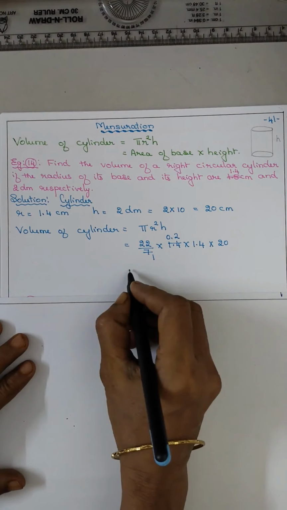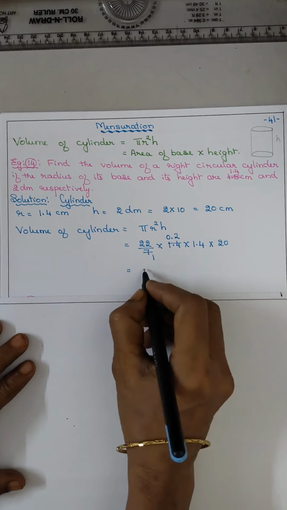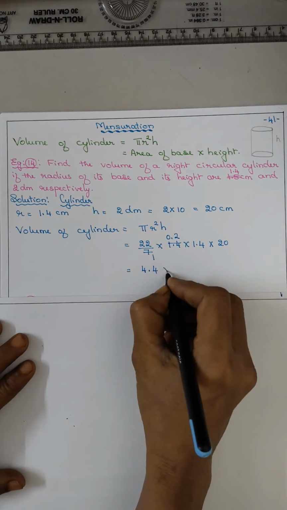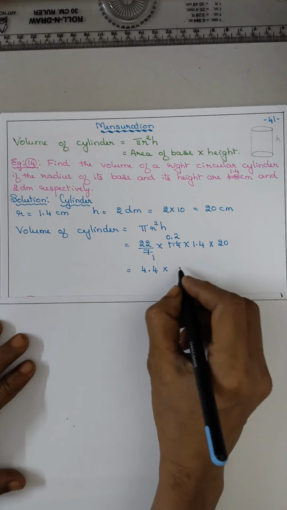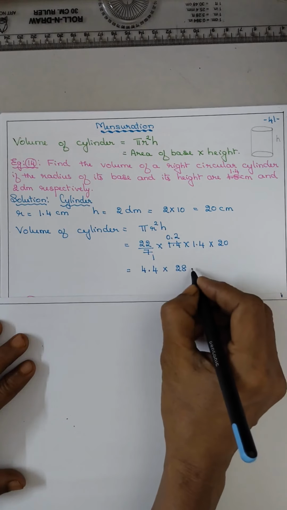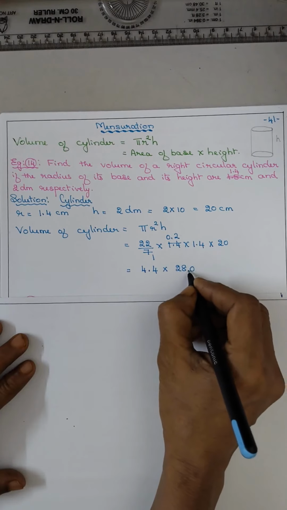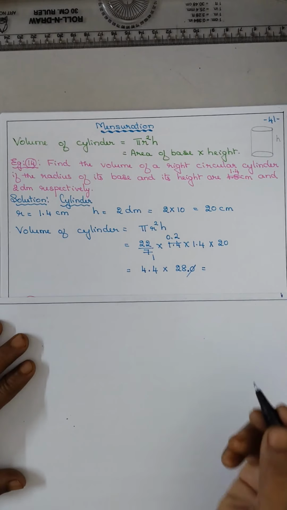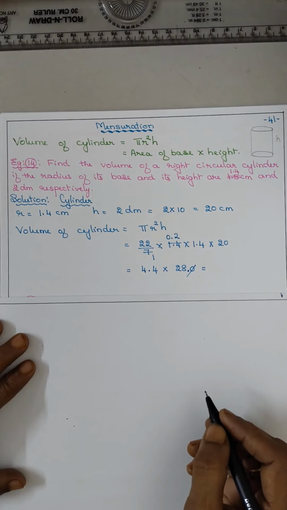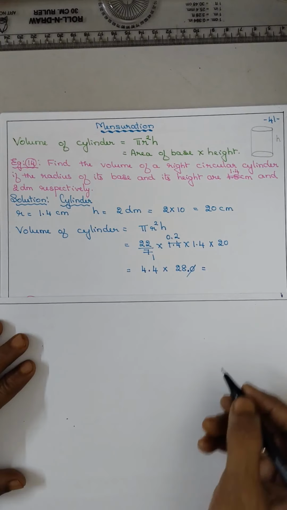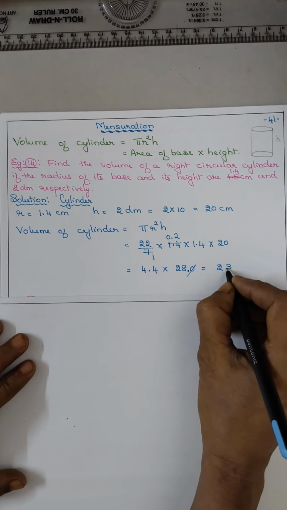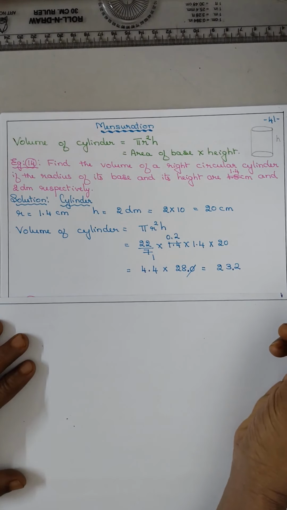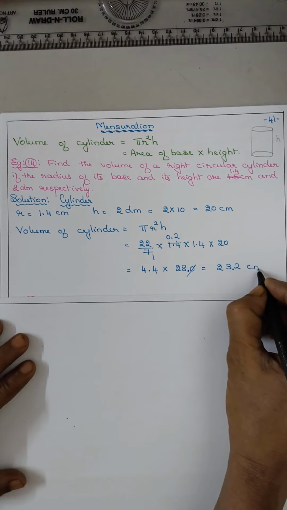Now 22 into 0.2, 22 twos are 44, but 1 decimal, so 4.4, into 14 twos are 28 and this 0, but it is 1 decimal, so cancel that 0. You got 4.4 into 28. When you multiply you will get 232, but it is 1 decimal, so it will be 23.2 centimeter cube.